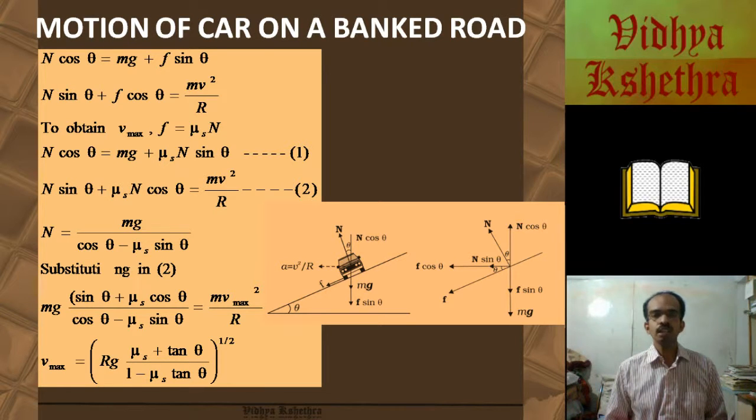That is V max is equal to the root of r g into mu s plus tan theta divided by 1 minus mu s tan theta. From this formula itself, it is clear that V max will be much greater in this case compared to the case when the car was on a flat road.